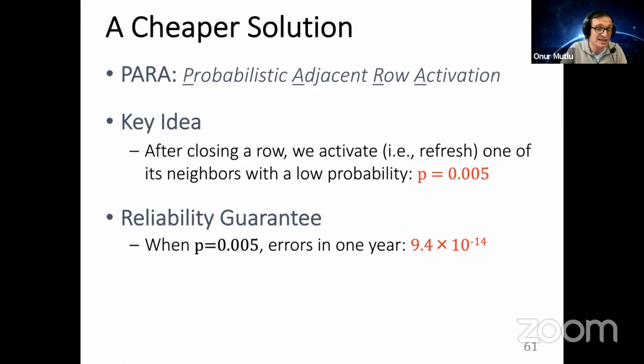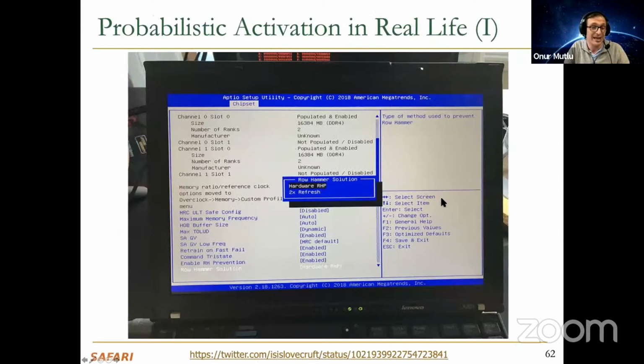Of course, an attacker can still potentially try to attack, but I haven't seen an attack that overcomes this yet. Usually people say probabilistic solutions do not work, but I haven't seen an attack that actually attacks a good probability level at this point. Okay, and a variant of this solution was actually implemented by Intel as part of their probabilistic TRR mechanism at the BIOS level.